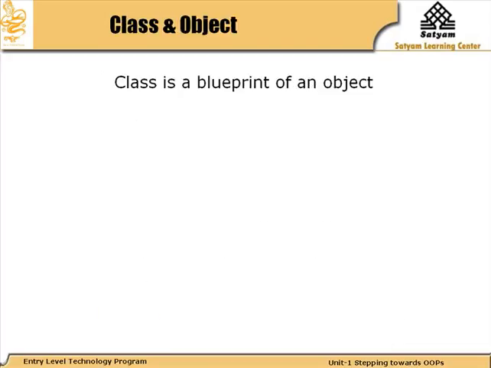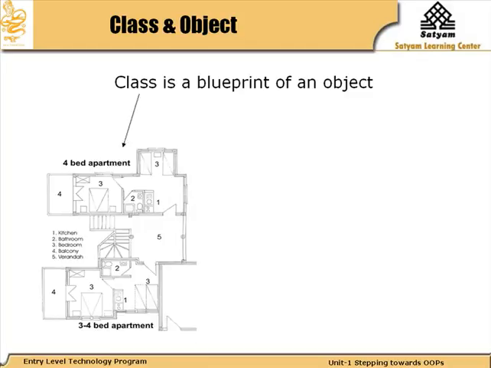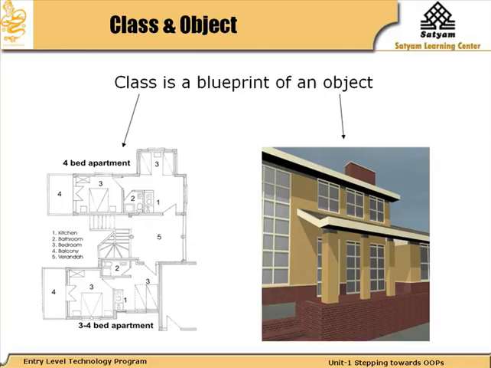Class and object. As discussed, class is a blueprint of an object. Here is a blueprint of a house. And here is the object in the form of a house.